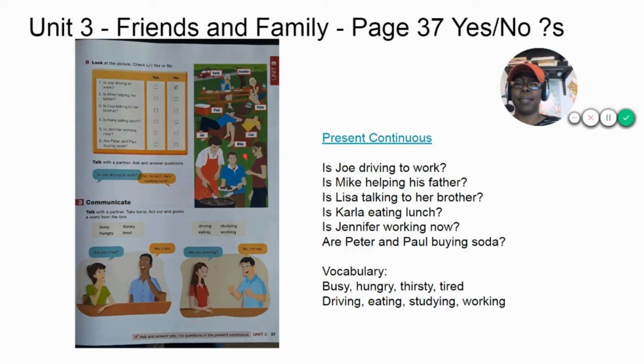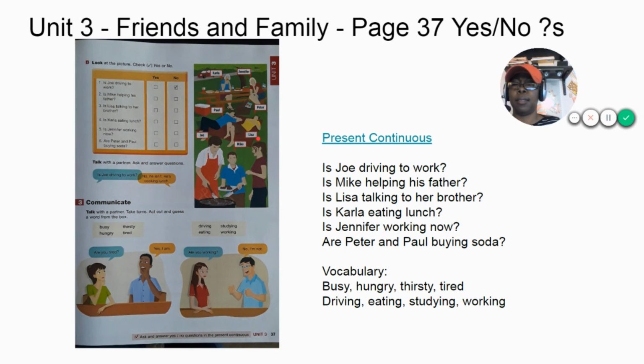Is Mike helping his father? So let's look for Mike. It looks like Mike is helping his father. So we would say yes, Mike is helping his father. So that would be a yes, he is. Is Lisa talking to her brother? Well, here's Lisa.